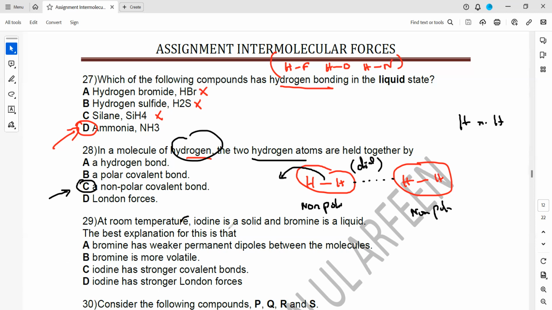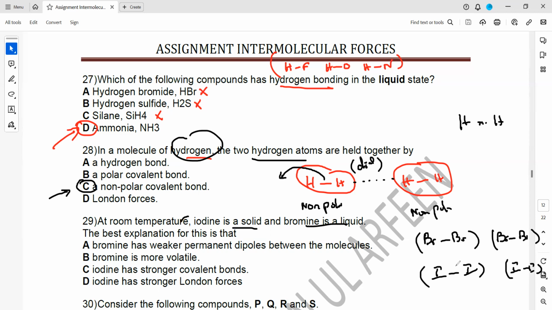At room temperature, iodine is solid and bromine is liquid. Best explanation. So we have bromine, which is Br2, and we have iodine, which is I2. What kind of force is there? Both bromine and iodine are non-polar compounds.